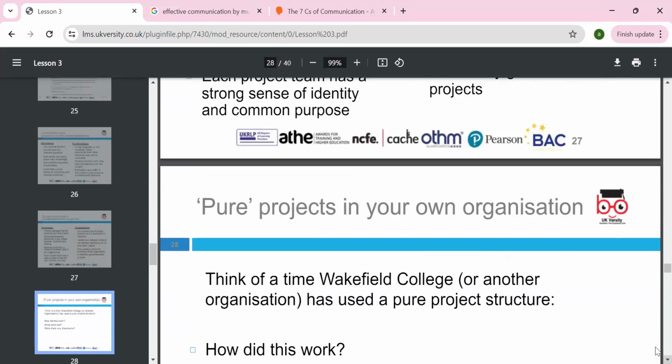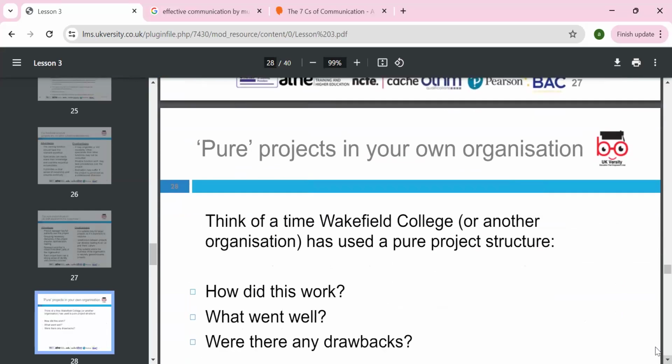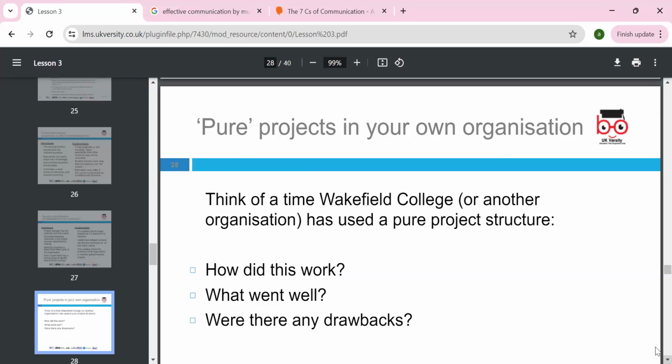Anybody, any question? Okay, so pure project is its own organization. Think about the time. It can be any college, just for the sake of example. How did it work? What went well?